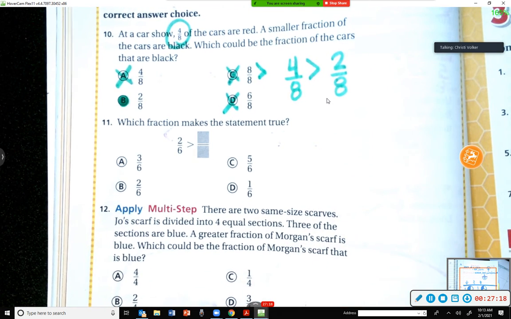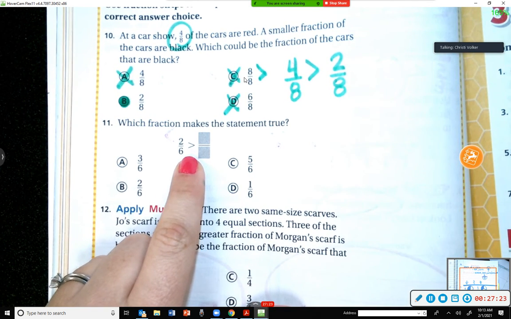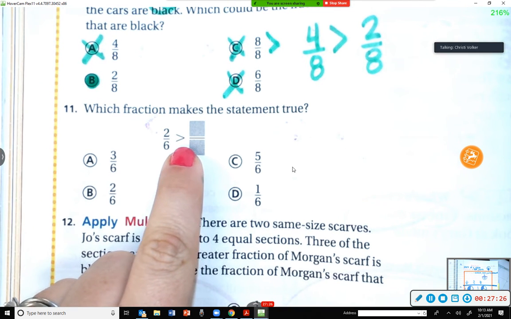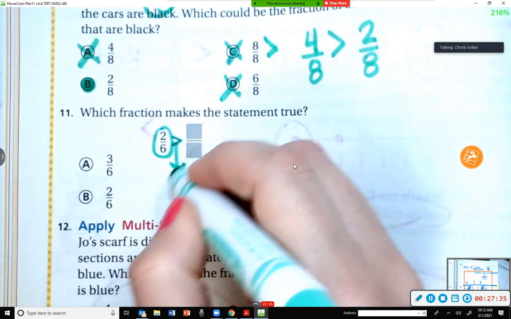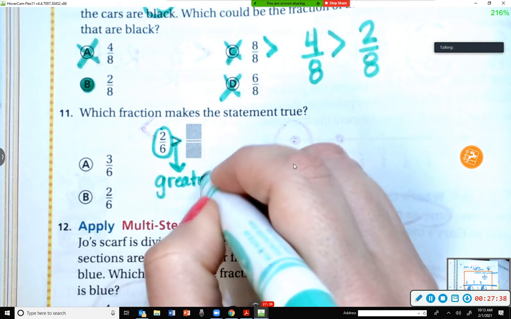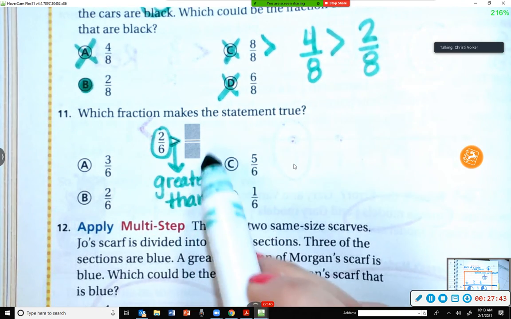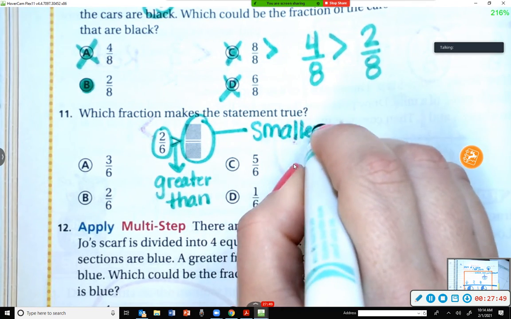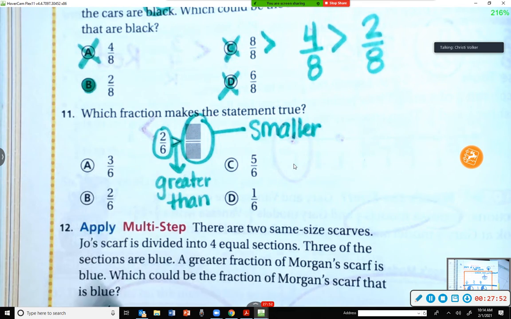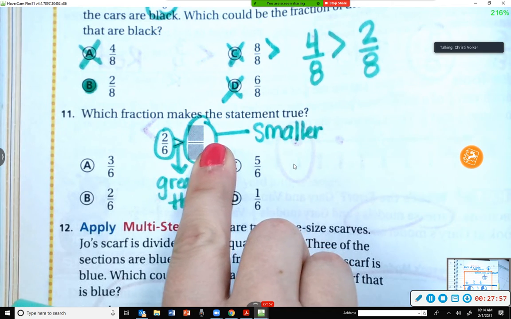Okay, number 11, which fraction makes the statement true? Well, you've got to know how to read the symbols, guys. So how would I read this symbol? Greater than. Good, because the mouth is open towards it. Okay, 2/6 is greater than. So over here I need to find a fraction that's smaller, right? If you need to, plug in every fraction and make sure it makes sense.